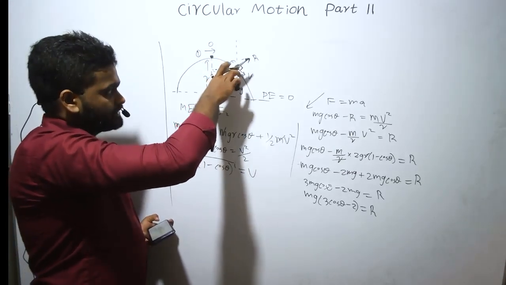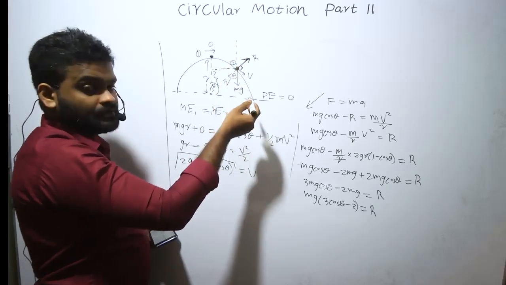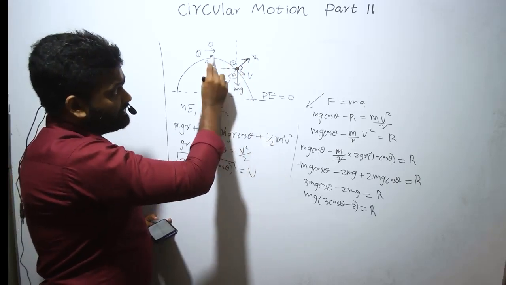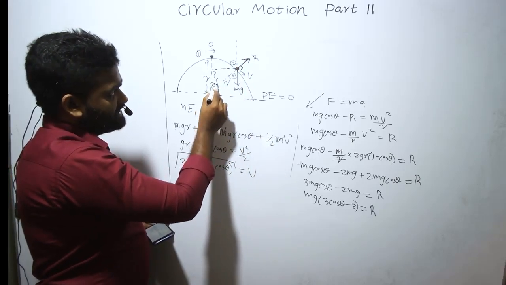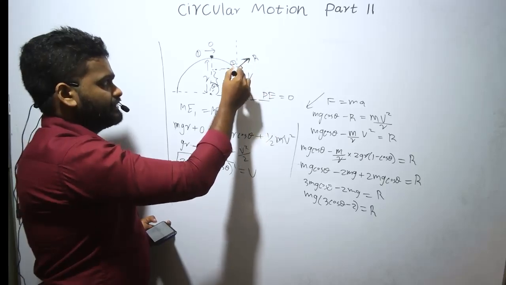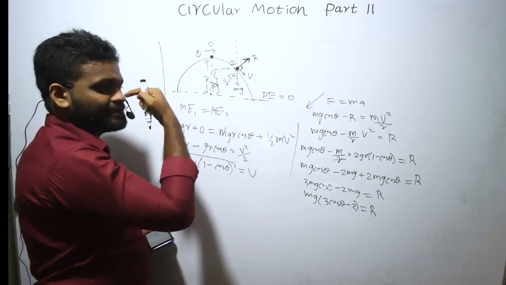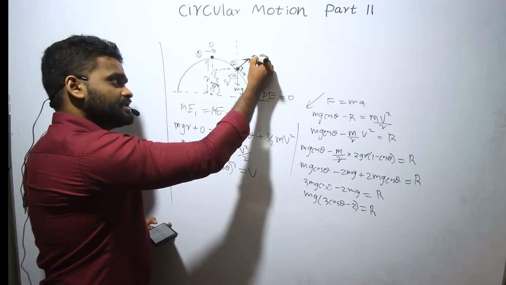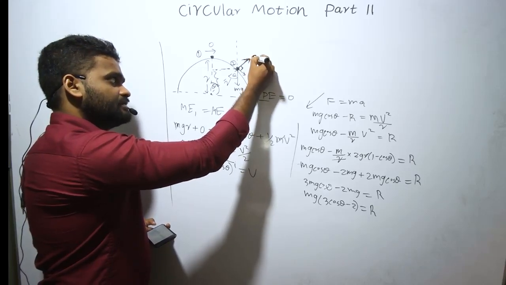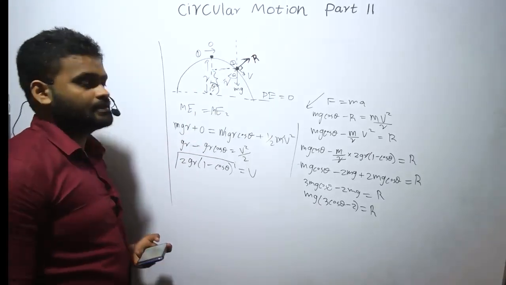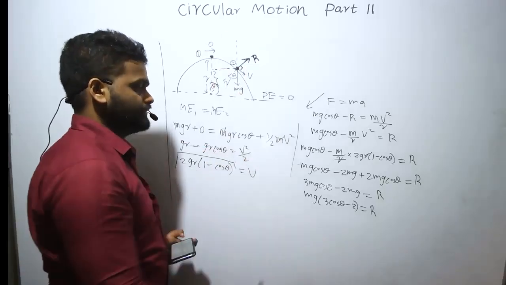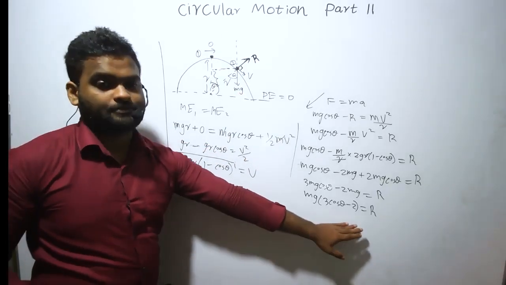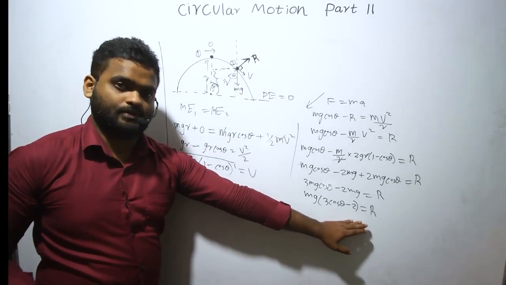In this question, what they say is at this moment, when it is theta, the contact is lost. Contact losing means the normal reaction force becomes zero. So that's what it means. Earlier we found an expression for the normal reaction, this one.